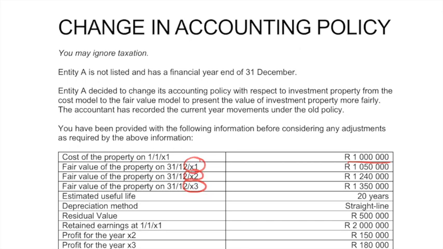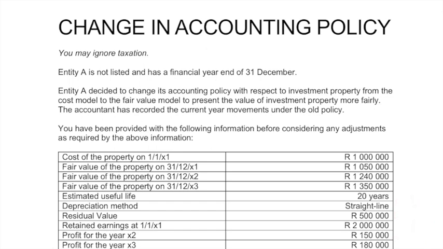We are also told the estimated useful life, the residual value and the method of depreciation. And this is important because under the old policy, which is the cost model, we would need this information to calculate the depreciation. So that is why we've been given that information as well.